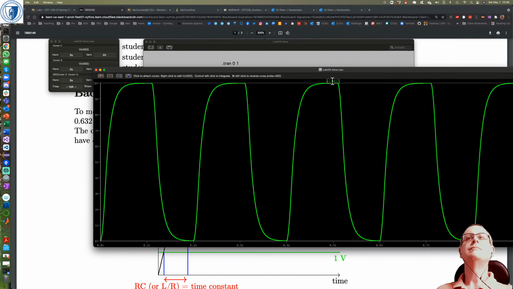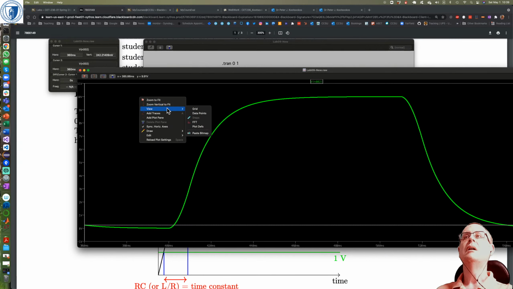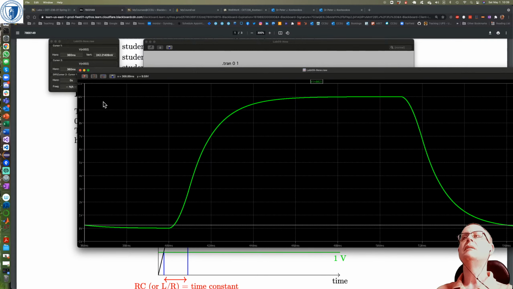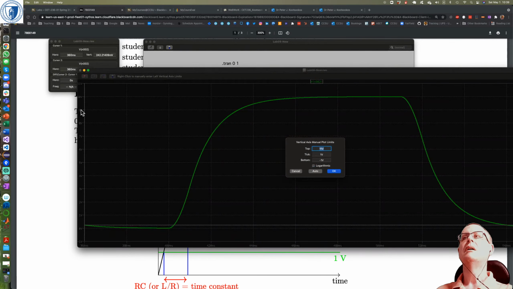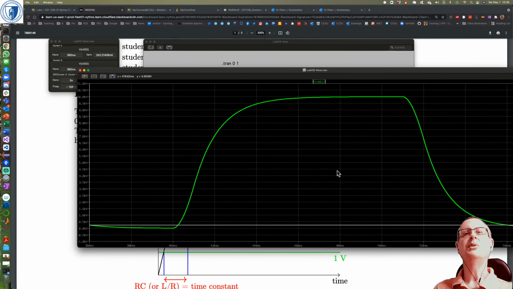Let's see if we can do this way. Okay, so what I'm doing is I thought I'd be able to use the cursor, but for some reason the cursor is stopping where I don't want it to.